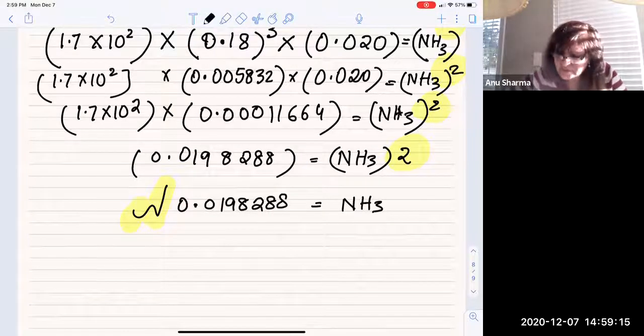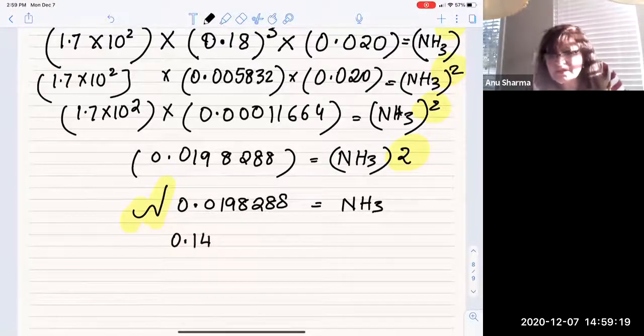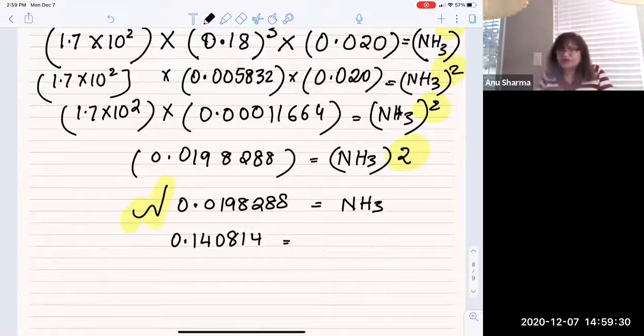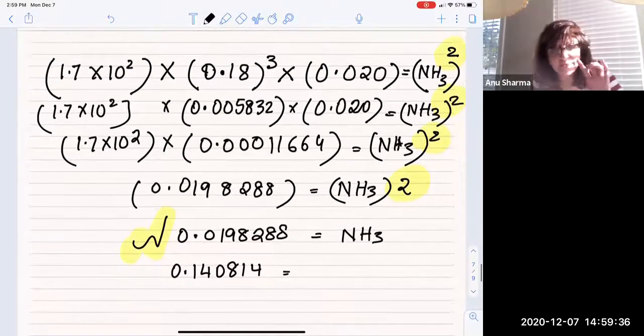0.1408, 0.140808. Okay. So now we can do the significant figures. I didn't want to earlier, because anytime you're doing in-between steps, you don't round up or round down.